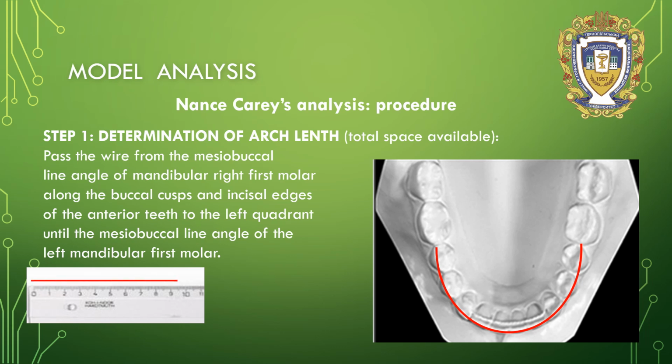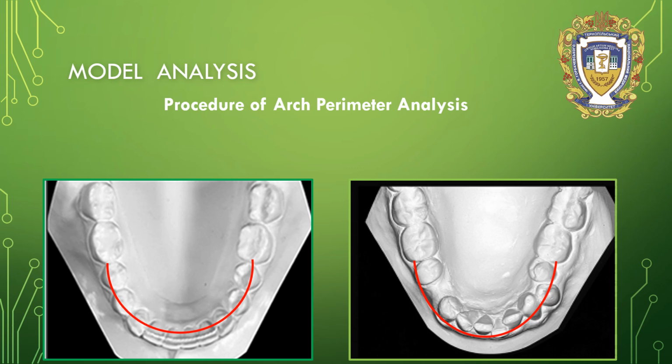Then we need to mark the wire, straighten it, and then measure the wire to give the space available. But in case of proclined incisors, we need to pass the wire in the cingulum region, more orally.